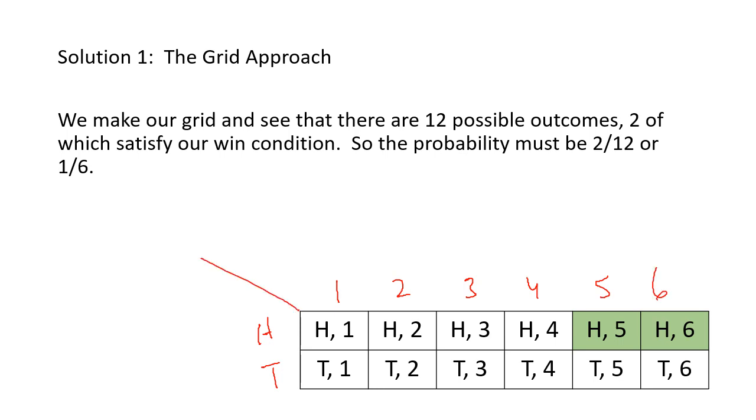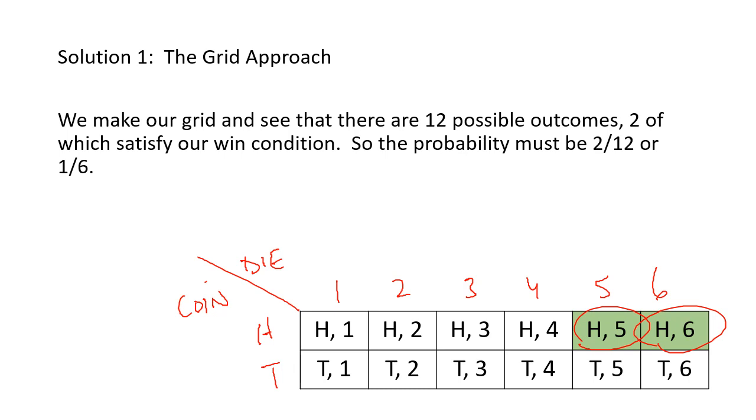So here's our coin over here, and here's our single die over here. We can see our ordered pairs: heads 1, heads 2, heads 3, and so on. And if we look, we can see there's two sections that satisfy our event condition. There are two areas that have heads with a 5 or a 6.